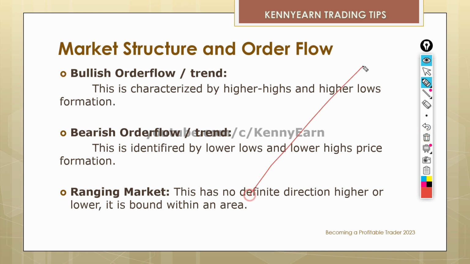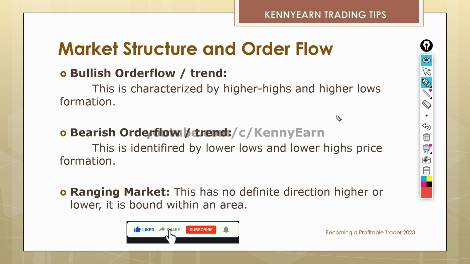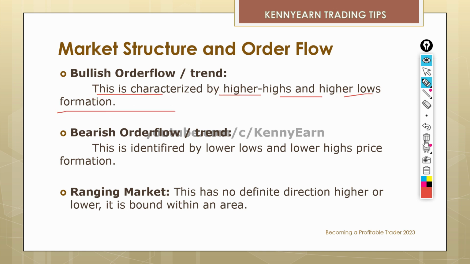The first one is the bullish order flow or trend. When we say the market is bullish, or the market is buying, what does it mean? This is characterized by higher highs and higher lows formation. It makes a high, it drops down, makes a low, it trades up, makes a higher high.